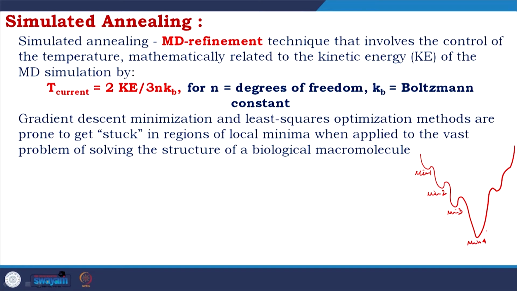Now, you can easily understand that the energy of minima 1 is greater than the energy of minima 2. So, minima 1, 2, 3 are local minimas and minima 4 is the global minima.